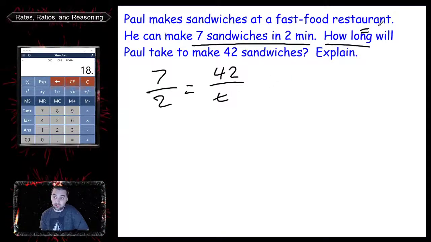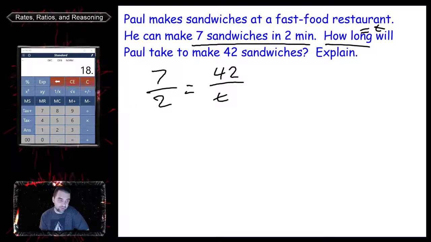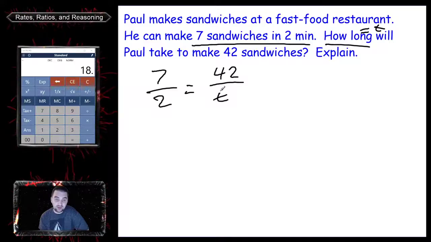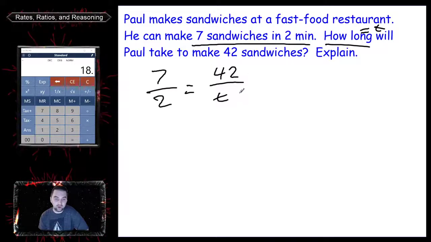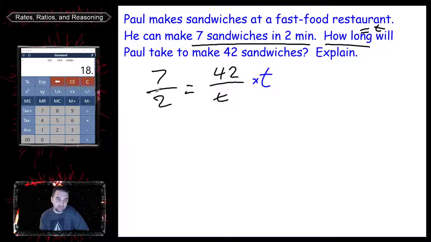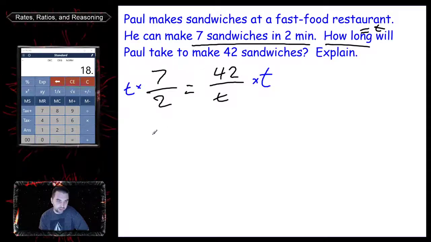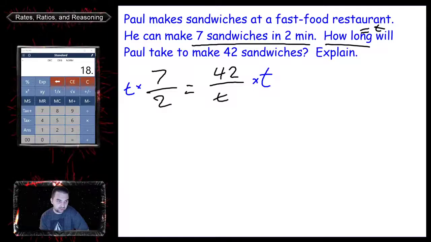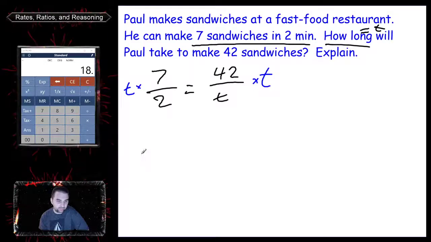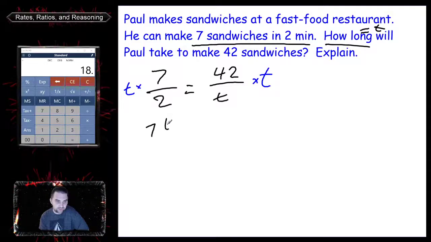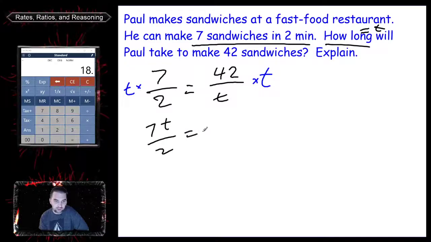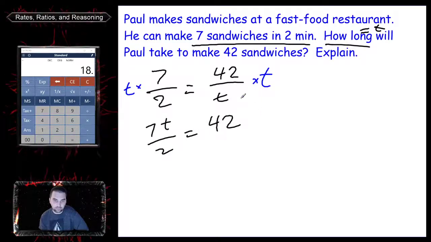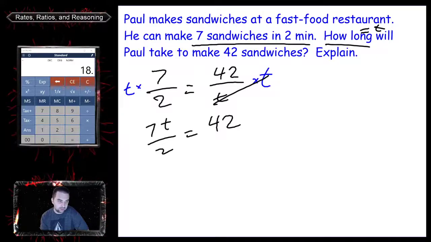And then we just solve. The very same process. So I want T to be at the top on its own. I'm dividing by T here, so the opposite of dividing by T is multiplying by T. So now if I rewrite this, I have 7T over 2 is equal to 42, because it was cancelled.